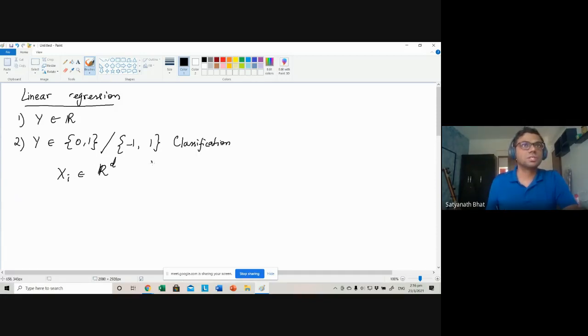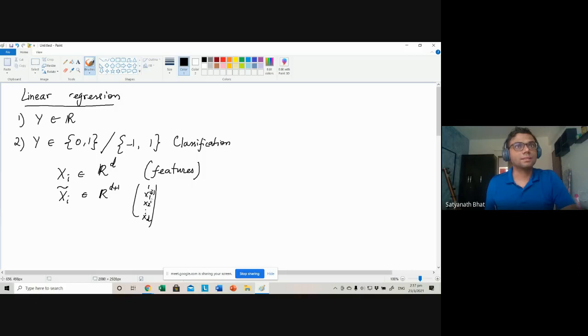Then we said we will have the augmented representation, sometimes denoted by x tilde. Here we take the previous features and add a 1, so this is 1, x1, x2, all the way till xd. This is the ith training sample.